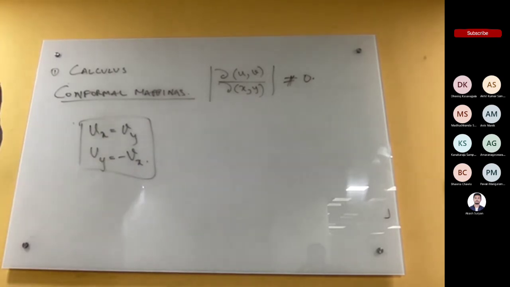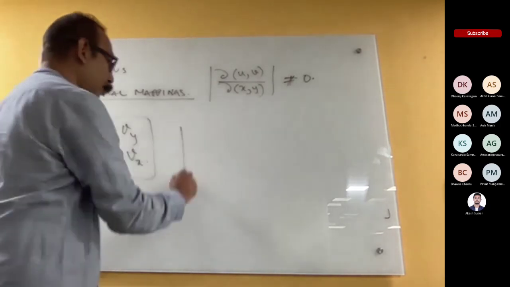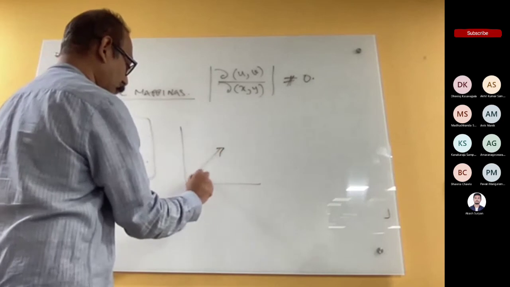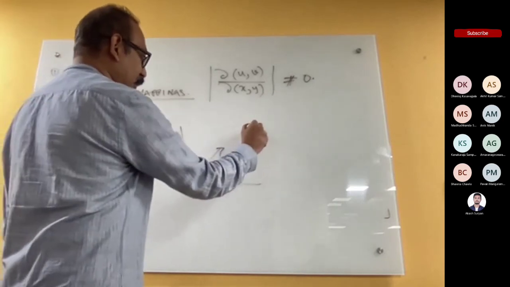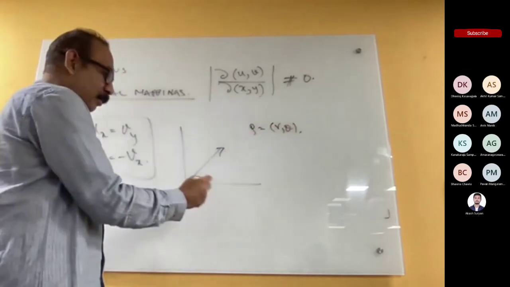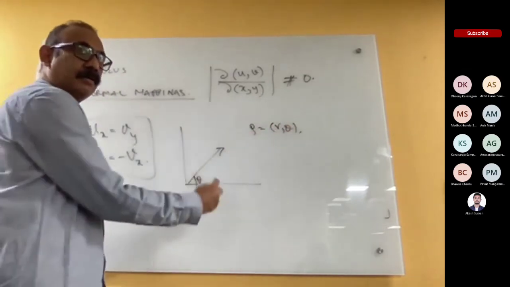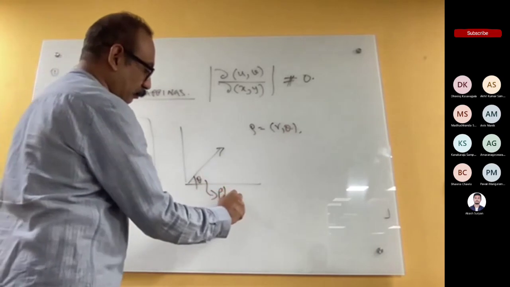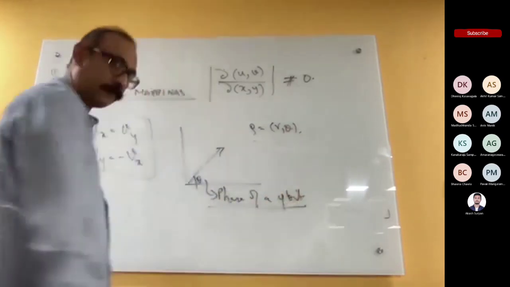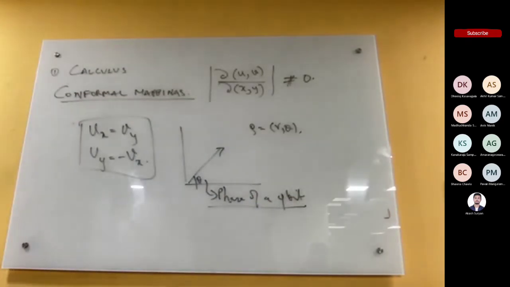Also, one more thing, complex qubits, what did we say? You can express a qubit as R theta. Conformal mapping preserves theta. Theta is the phase of a qubit, the phase of a photon or phase of an electron or whatever that we use.